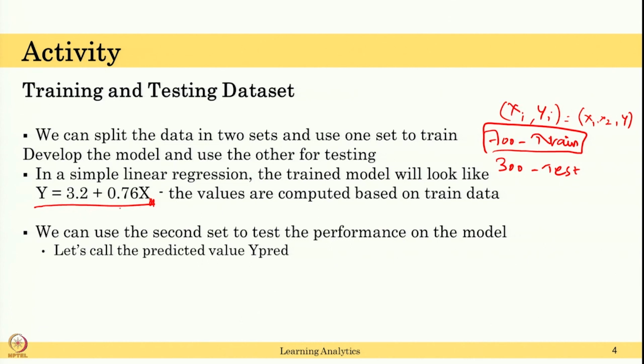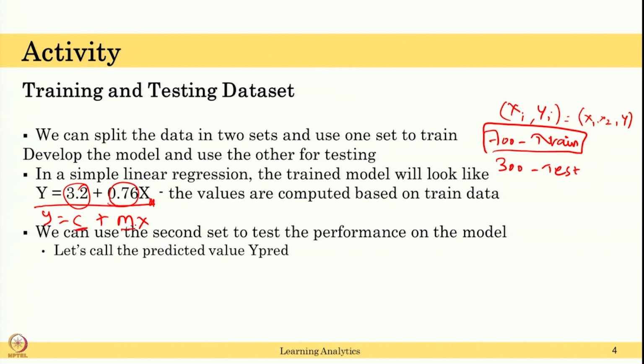So, the values of this 0.76 or the 3.2 are computed based on the training data. Given the 700 training data, the algorithm computes the values in y equal to c plus mx. The c and m can be computed from the training data.